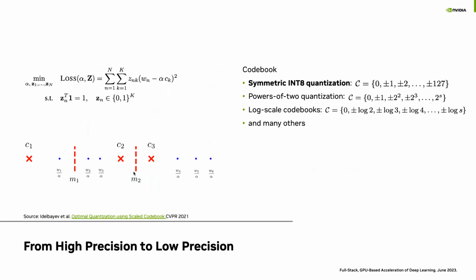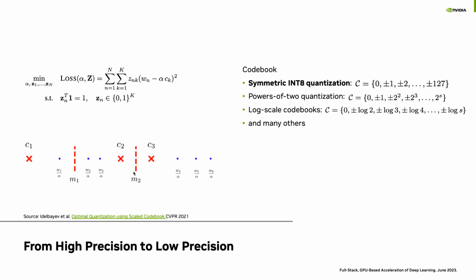And there are many different ways that we can use to optimize for this equation. For example, a couple of years ago, we worked on the optimal quantization idea, where with a fixed codebook, we optimize the scale factor alpha and its assignment iteratively. And actually, if we get a final scale factor fixed, it is quite easy for us to get the optimal assignment.